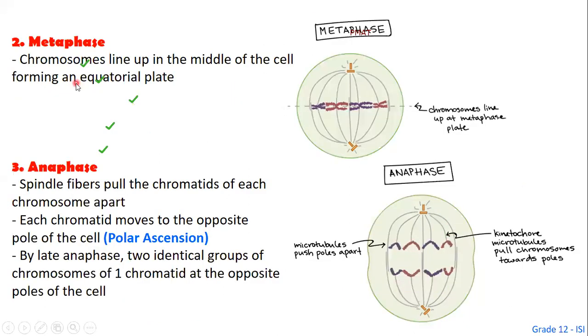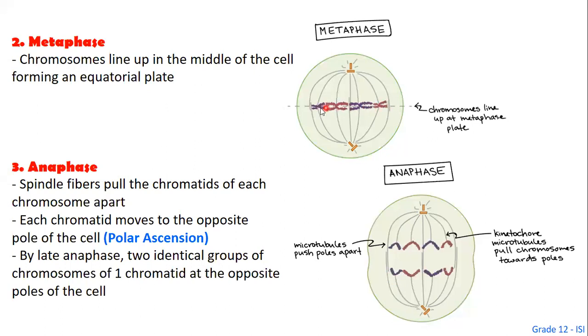After prophase, metaphase occurs. During metaphase, chromosomes line up in the middle of the cell to form the equatorial plate, the metaphase plate in the middle of the cell. During anaphase, chromatids separate, as you can see in the picture.